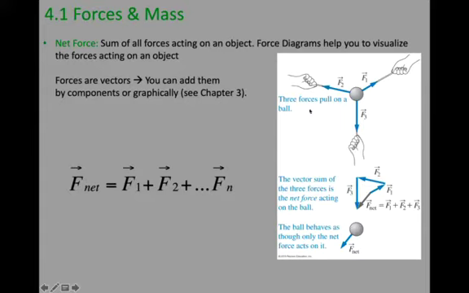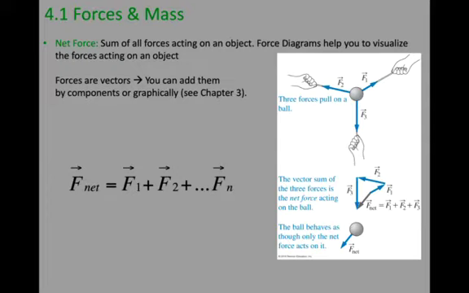You say the net force, the summation of all of these forces, is equal to F1 plus F2 plus F3. Once you do this, you can calculate the net force, the vector sum of these three forces. And in the coming examples, I'm going to show you, and also in the homework, you're going to be doing some of these net forces.